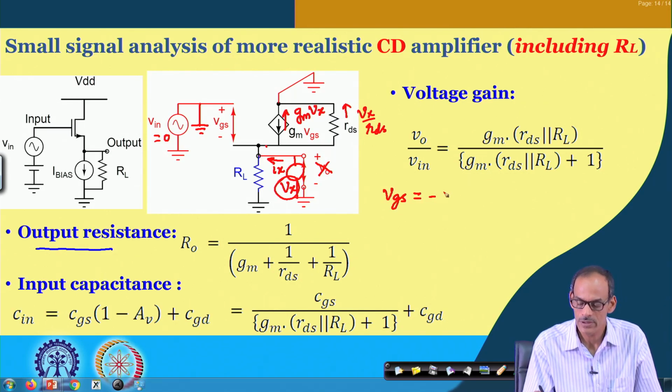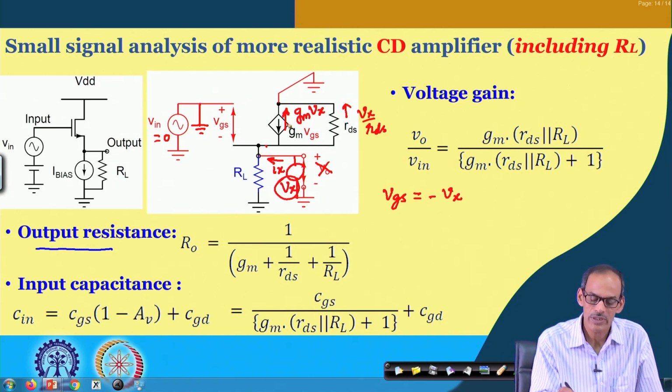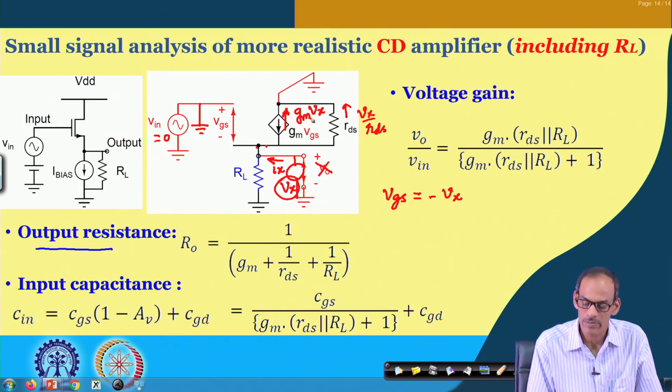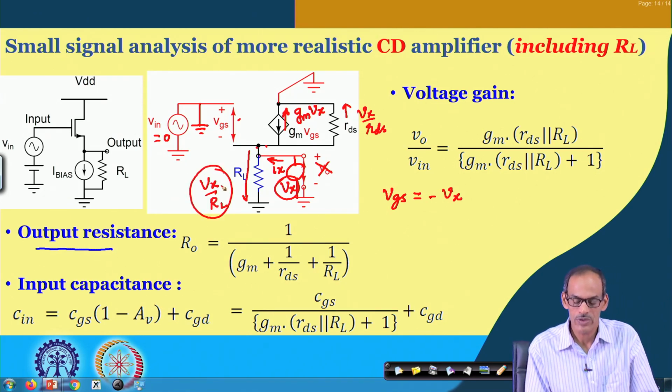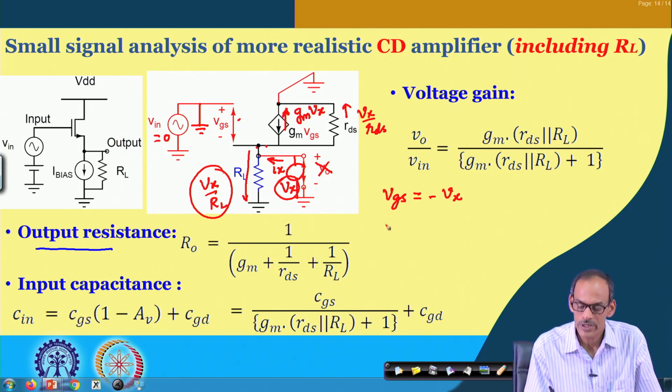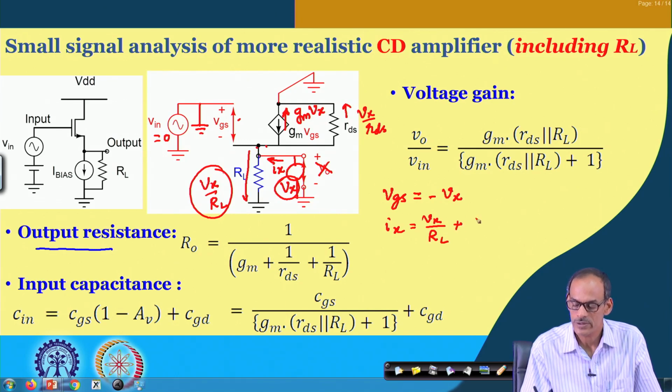So, as a result, the current flowing through this active device is Gm into Vx, because Vgs is equal to minus Vx. This minus sign suggests that the direction of the current will be from source to drain, and Gm multiplied by that Vx. Here, of course, we do not have any conducting path, and the current flowing through this RL is Vx divided by RL. So, we have these three components, and that gives us Ix equal to Vx divided by RL plus Vx divided by RDS plus Gm into Vx.